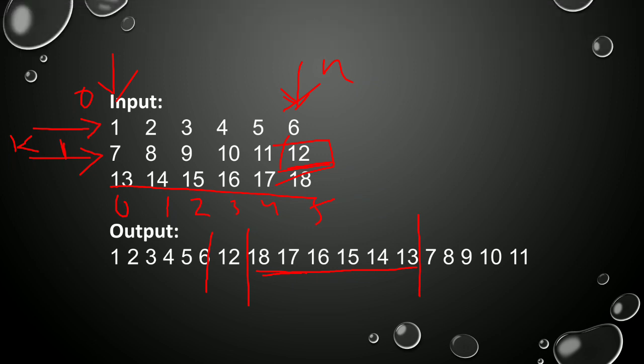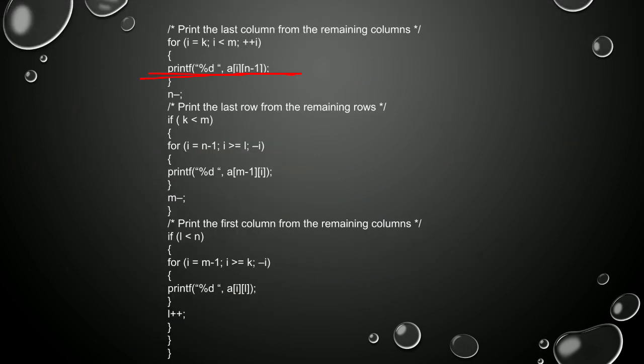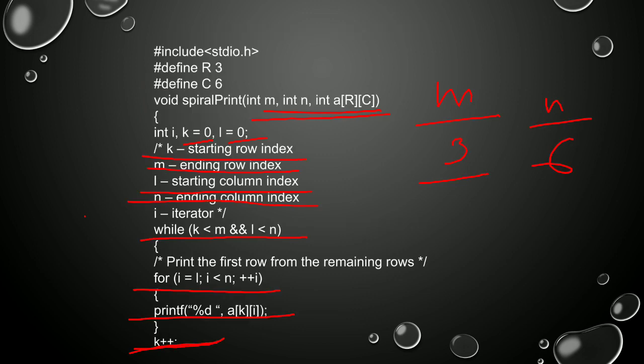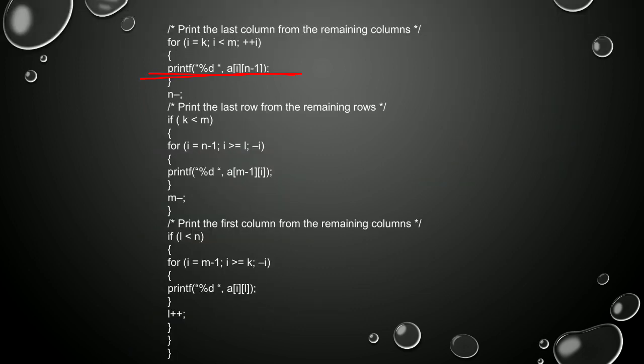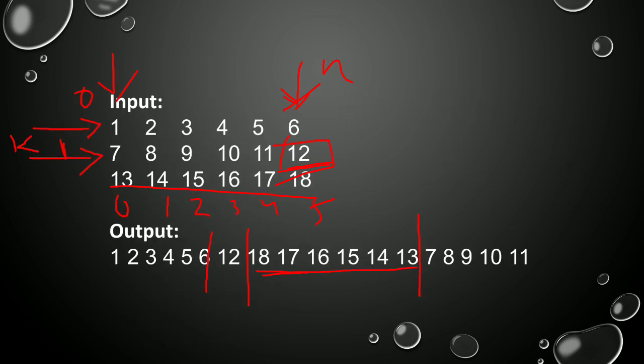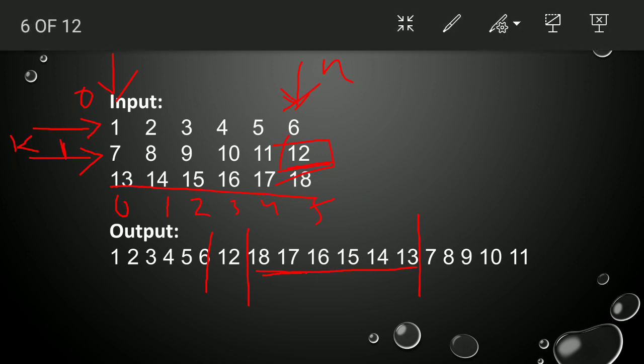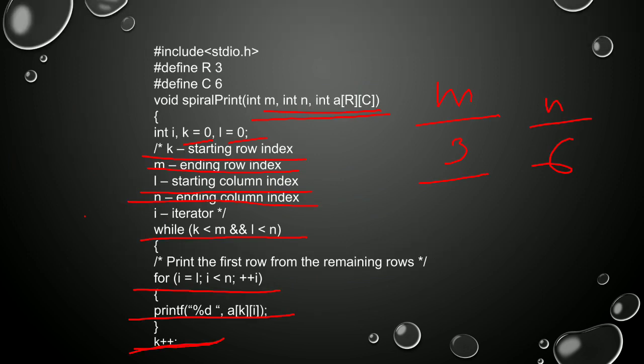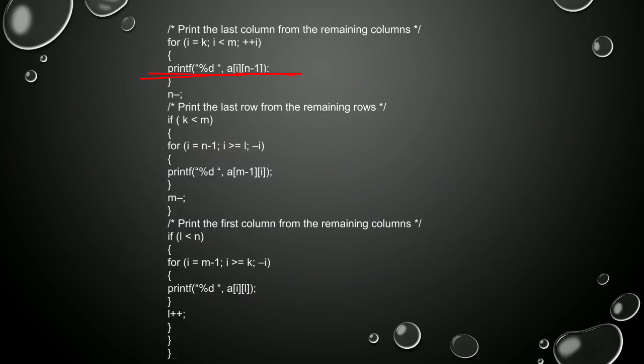So for that we have decremented the value of n. See here, we have decremented the value of n. Now n is pointing here. So n is equal to 6, and we want to print from here because we have already printed, just a minute, I think i minus 1, yeah.